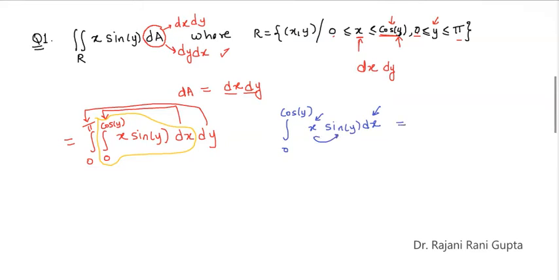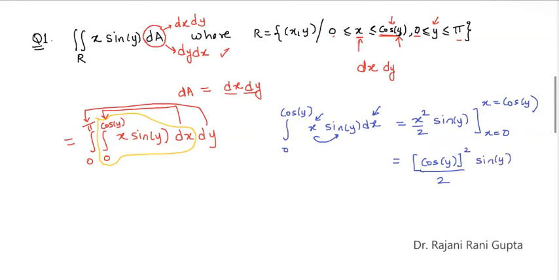So what we will get? The integral gives x power 2 over 2 times sine of y, and the limits for x are from 0 to cosine of y. So this gives you, in place of x, first we replace it by cos of y squared divided by 2 multiplied by sine of y, minus, when we replace x by 0, it will become 0.